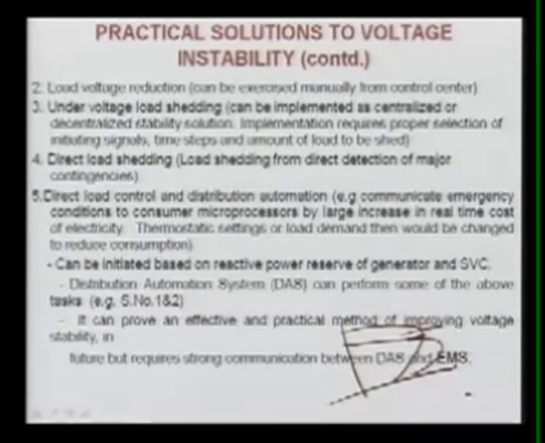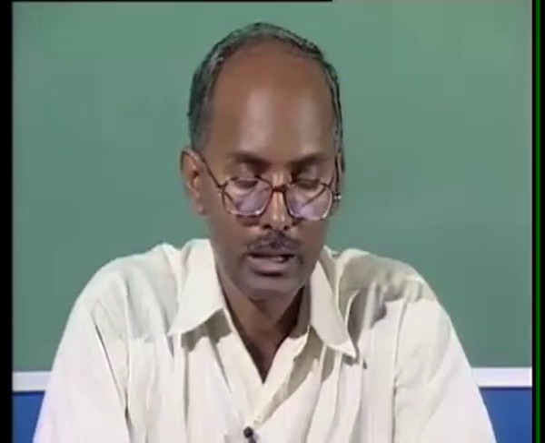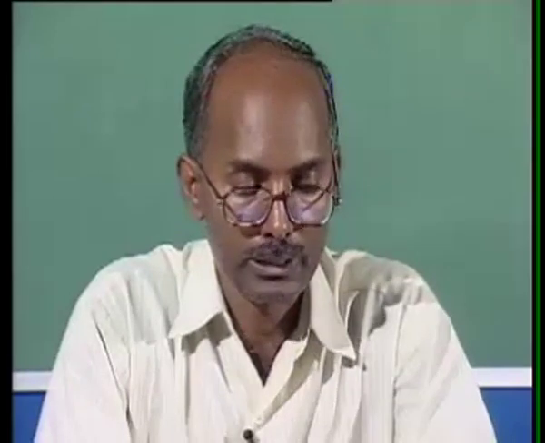So under voltage load shedding can be implemented as a centralized or decentralized stability solution. Implementation requires proper selection of initiating signals, time steps, and amount of load to be shed. So how much load you are going to shed, and how much time you require for shedding, so that based on that you can improve the voltage stability margin here as well.